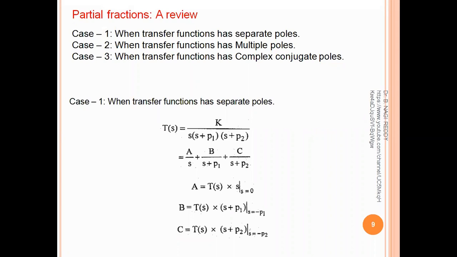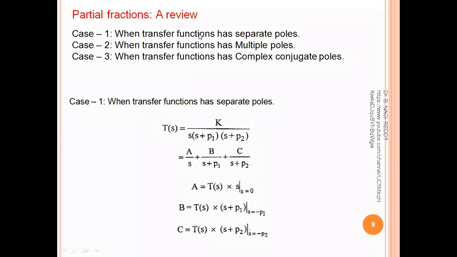So for the application of inverse Laplace transform, we may require partial fractions. That's why now we will see the major partial fraction cases that will happen while solving the problems in order to determine the time response of a system.